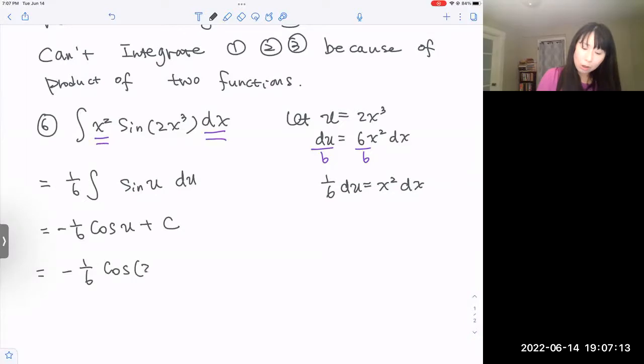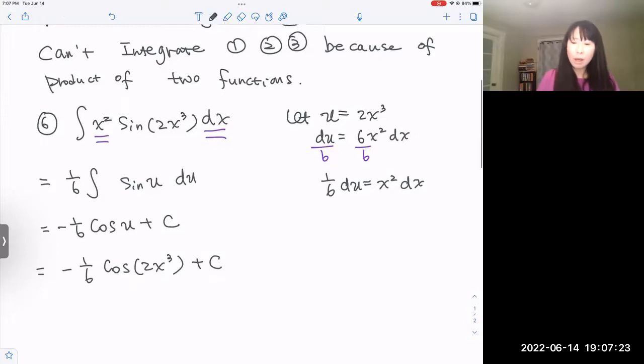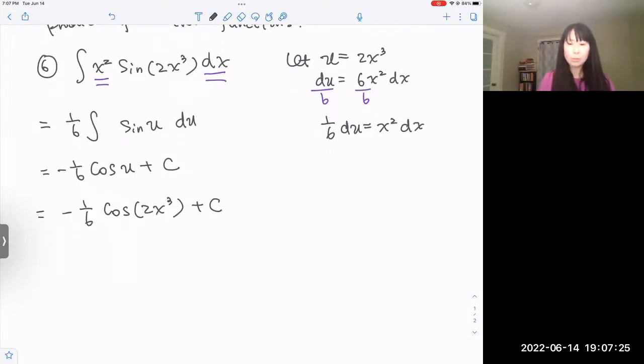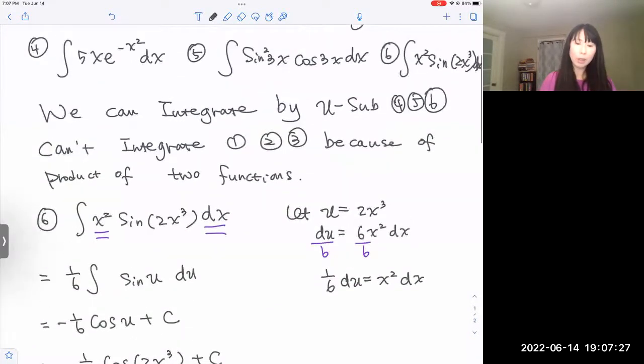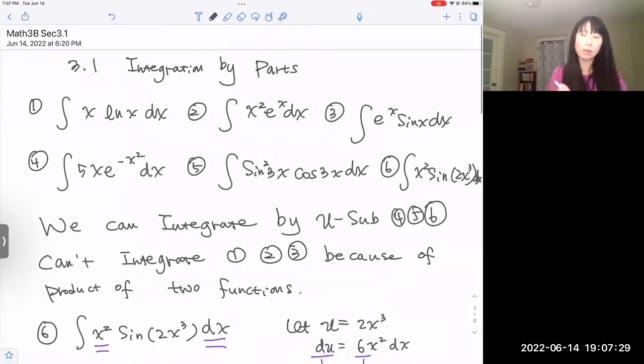U was 2x cubed plus c, right? That's how we do use substitution, right? Today, we're gonna learn Calculus 2. Look, what's the title say? Integration by parts, right? So we're gonna integrate by piece, all right?